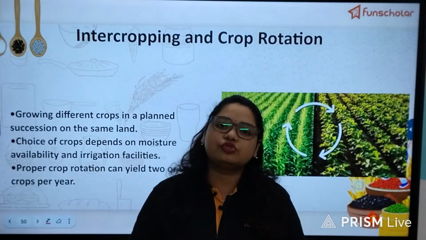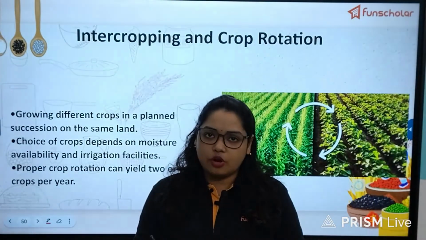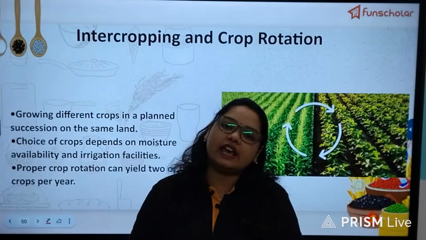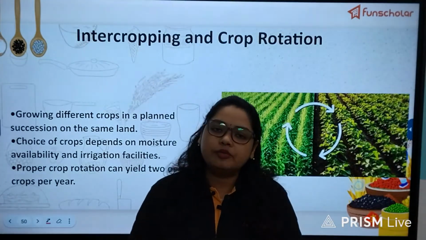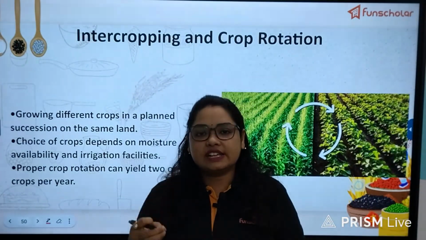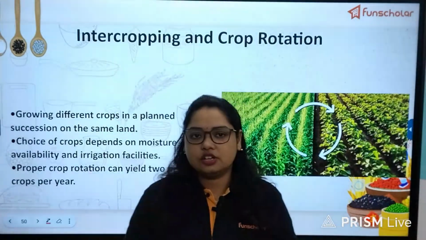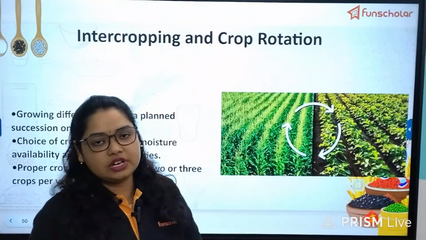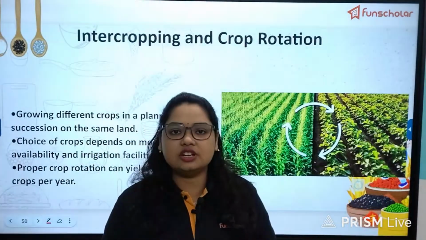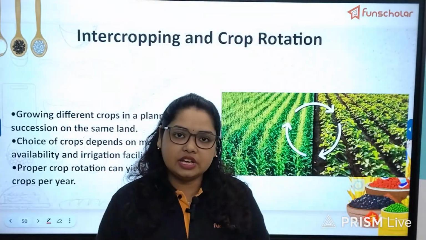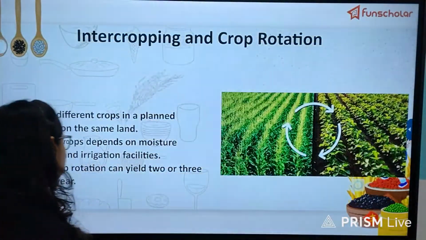So our aim should be that the next crop which is sown after the previous water-intensive crop should utilize less water, so that the management of irrigation can be done properly.